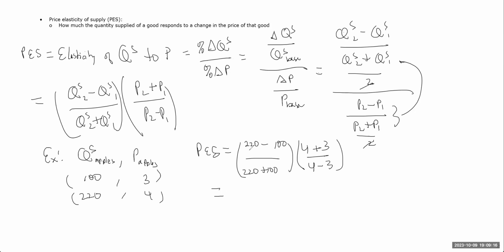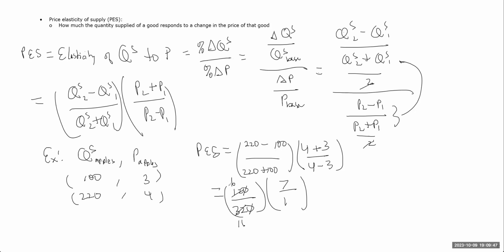This is 120 over 320, times 7 over 1. This cancels with that. This cancels 6. What is that? 16? 32 divided by 2, yes, it is 16.